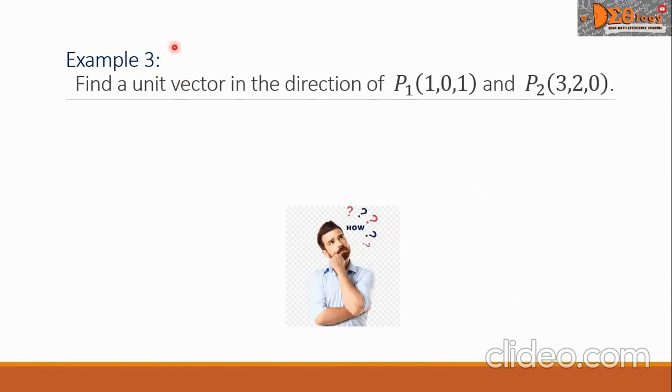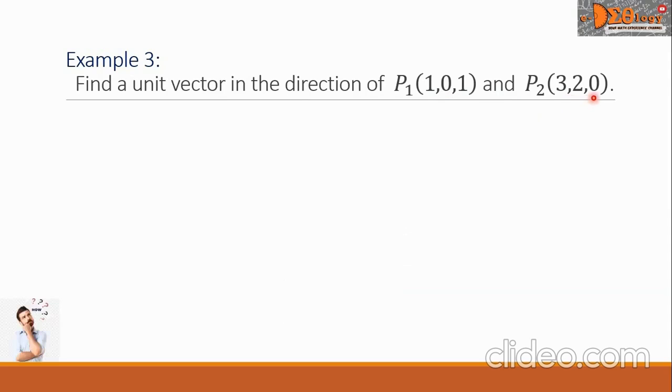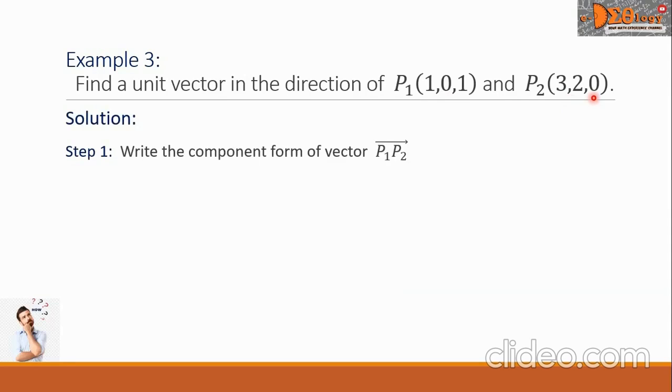Example 3. Find a unit vector in the direction of P sub 1 (1, 0, 1) and P sub 2 (3, 2, 0). For step 1, we're going to write the component form of the vector P1P2.